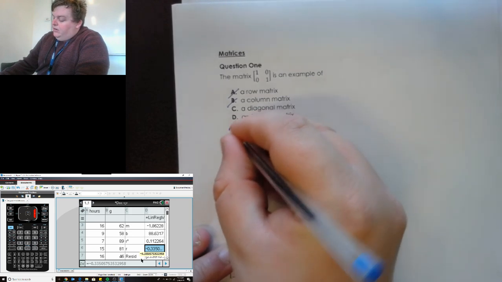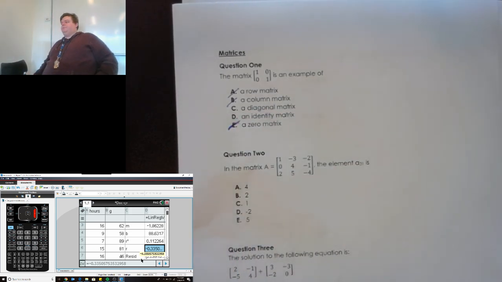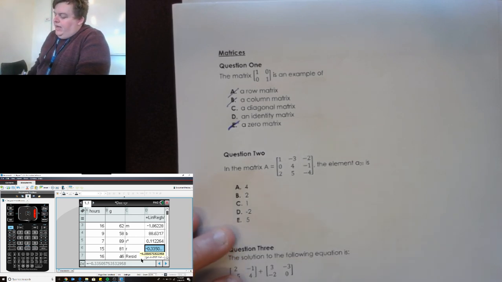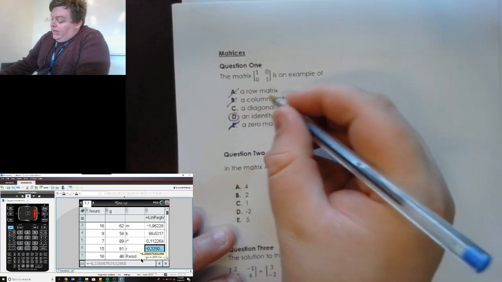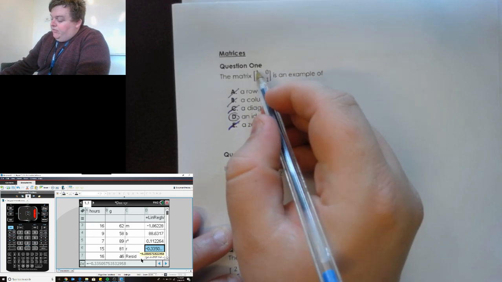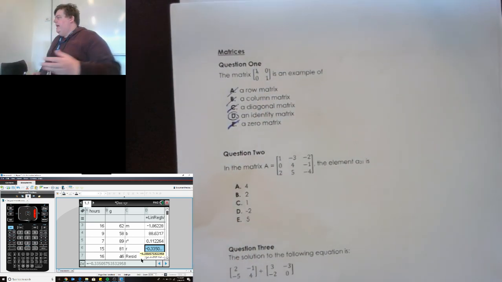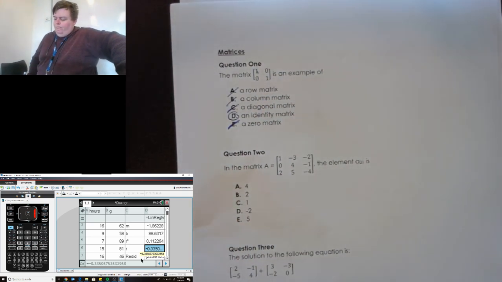It's definitely not zero because that's just got zeros in it. But this is an example of an identity matrix, which hopefully some of you have figured out. An identity matrix is this one. A diagonal is the exact same, except instead of these values, there's something else other than 1. So there might be 0.5, for example.